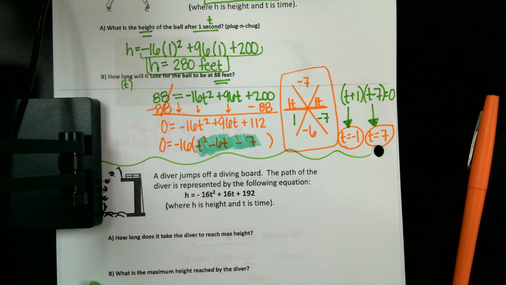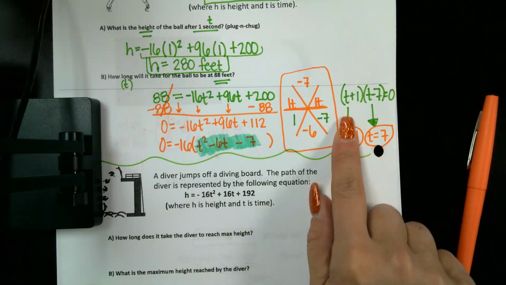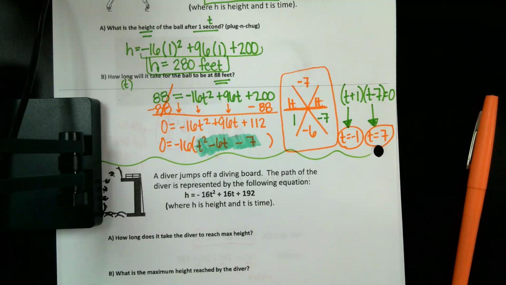That's how you usually do it because you did it on your do now today. I just typically go straight to my two answers. So if you need to show it, make sure you put t plus 1 equals 0, and then t minus 7 equals 0. And you would just solve each of those. Yep, that's how I got my negative 1.